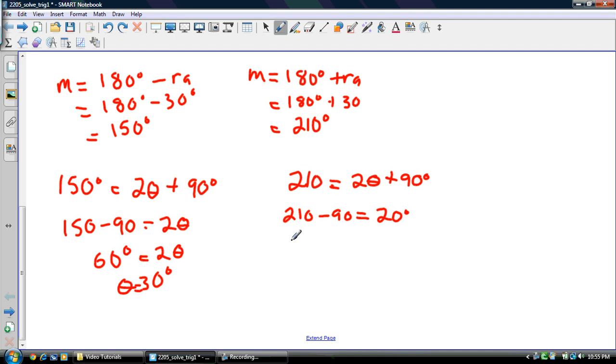So that's going to be 120 is equal to 2 theta. Theta is equal to 60. Okay, so those are my two values for theta. Recognize that they are different from these two values for m. Please keep that in mind as we're going through this.